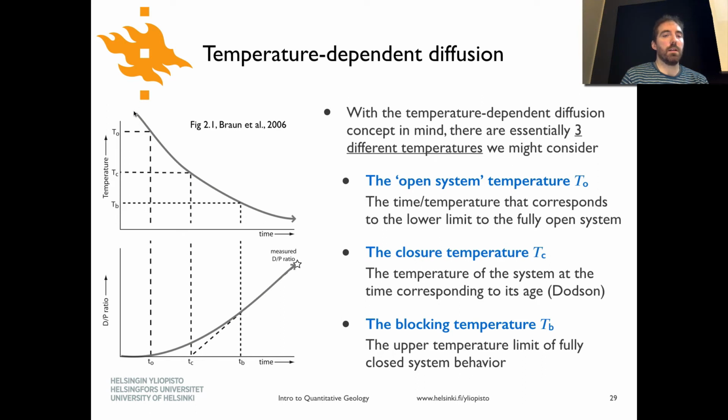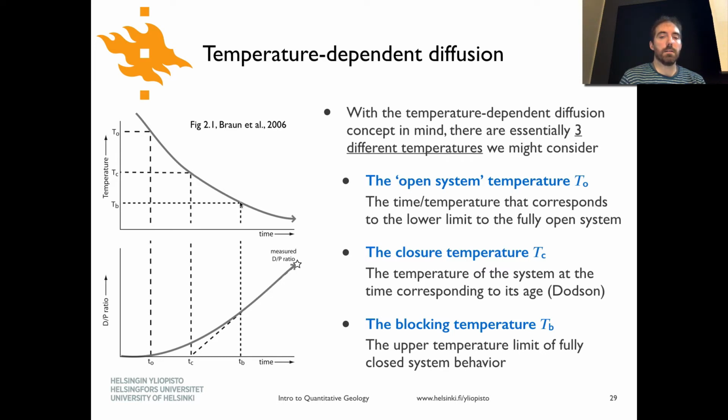And what you see is that as you go from high temperature down to low temperature, you have first this kind of TO, the open behavior. So this is the temperature at which, or above which, none of the daughter product is retained in the crystal. It's all lost by diffusion. TC we've already seen, that's the closure temperature.